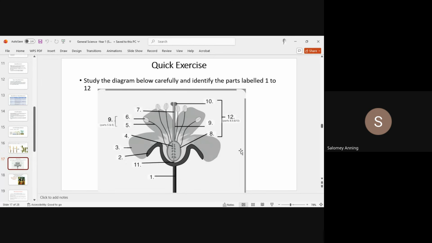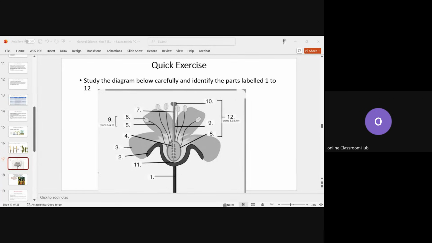Please, can I get the number 11? Number 11. Receptacle. So please, can I get another one? One is the pedicel. Pedicel.